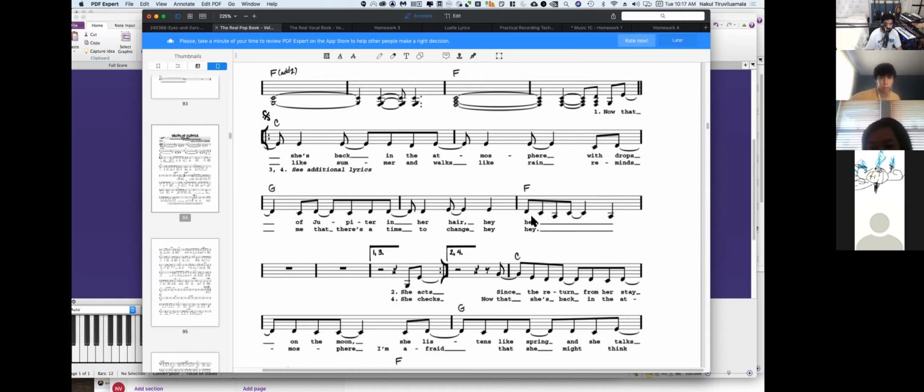No. It's not, right? So what about the C? The C is, right? So this is an accented non-chord tone. So one of the places your mind should probably go is appoggiatura.